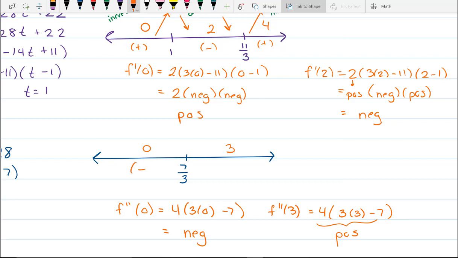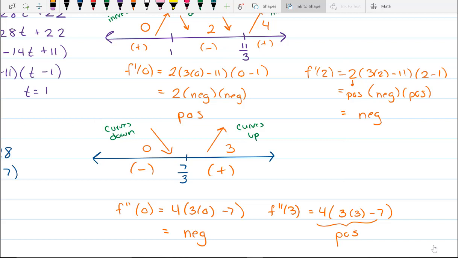So we get that this is negative, this is positive, this is going down, and this is going up. This means that from negative infinity to 7/3, our graph curves down, and from 7/3 to infinity, our graph curves up. Or in terms of acceleration, we are slowing down. Oops.